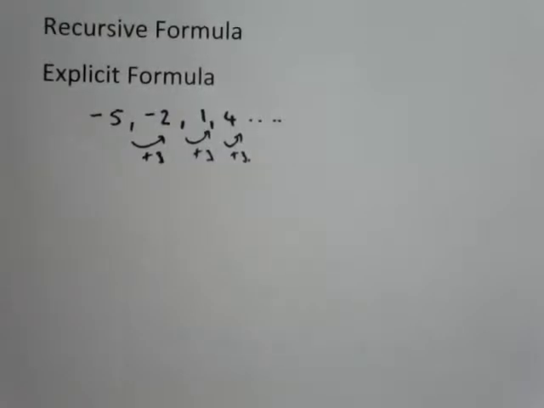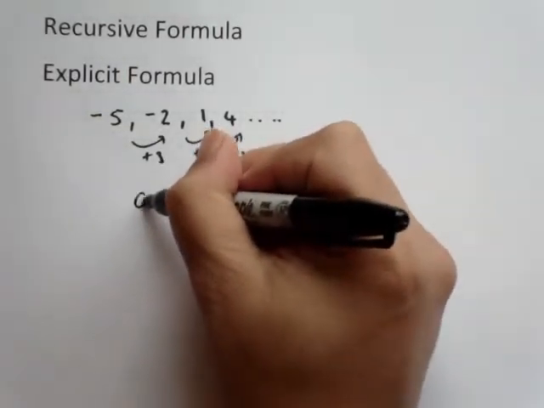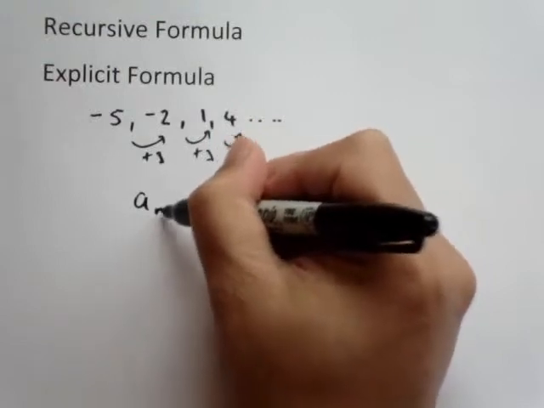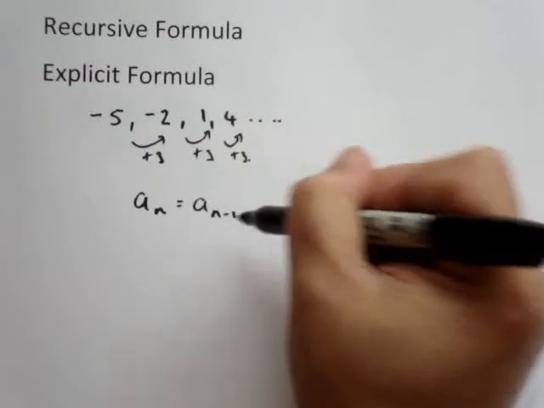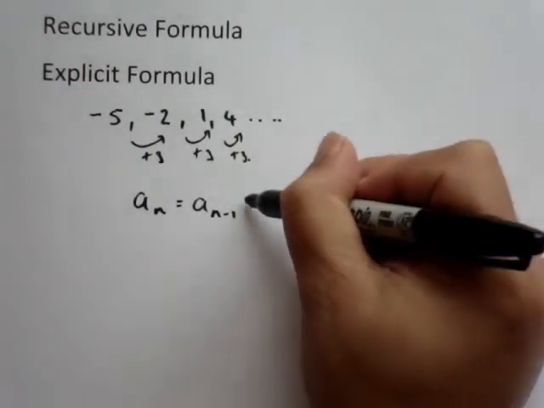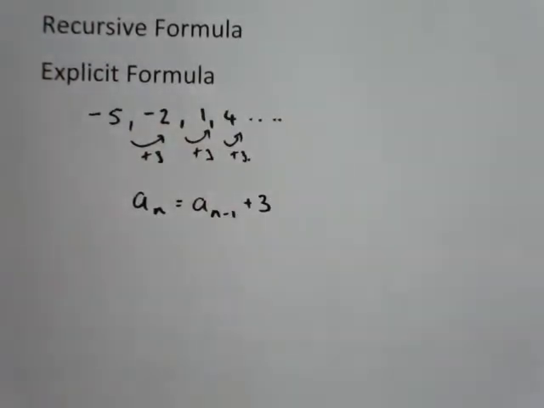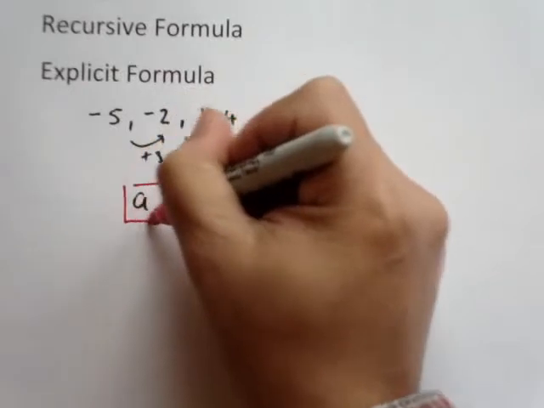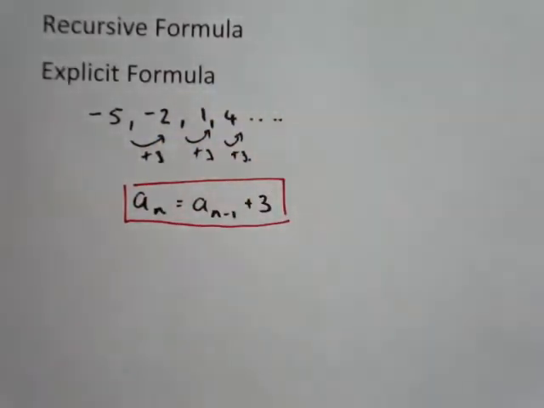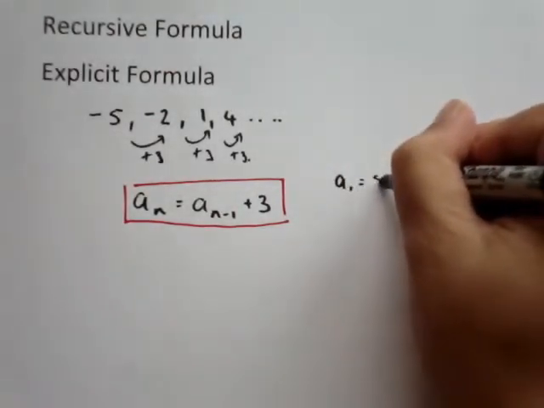The recursive rule for this would be a sub n equals a sub n minus 1, which is the previous term, plus 3. So that's our recursive rule. Our first term, a1, is minus 5.